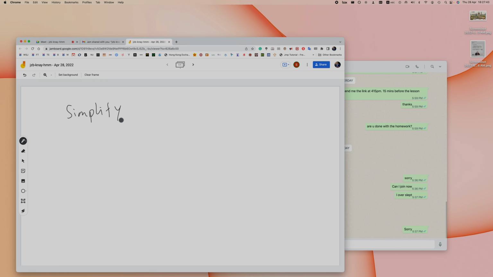Simplify. Okay, so if you get simplify, sorry. Okay, good. So how do you do this question?